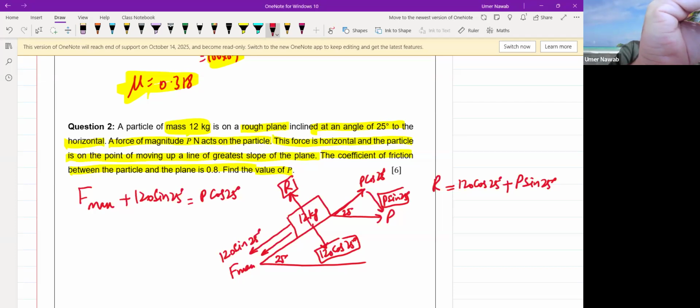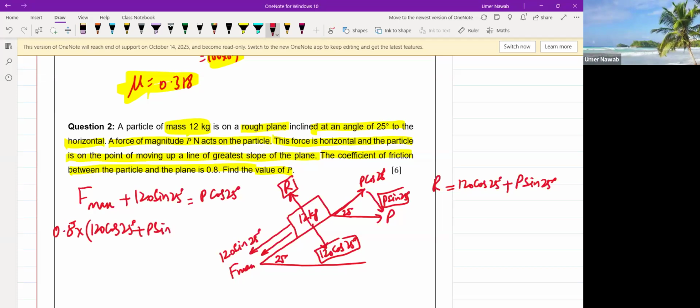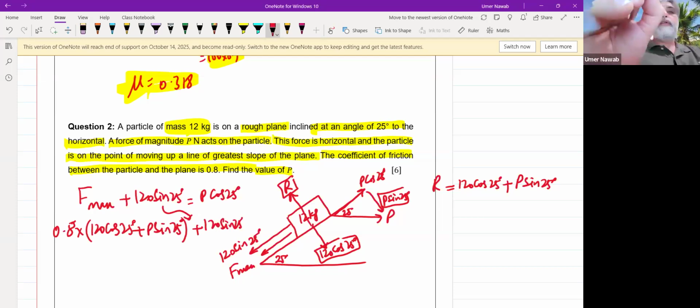F max is equal to mu R, which is 0.6 times R, and R is 120 cosine of 25 degrees plus P sine of 25 degrees. Plus this one, 120 sine of 25 degrees, is equal to P cosine of 25 degrees.